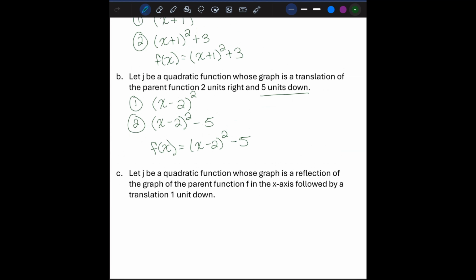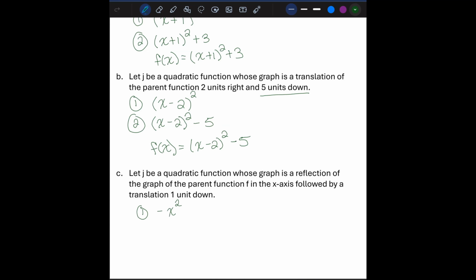All right, part C. It says, let j be a quadratic function whose graph is a reflection of the graph of the parent function f in the x-axis, followed by a translation 1 unit down. So first, we're going to do a reflection over the x-axis. That means on the outside, we're going to take and multiply negative x squared.